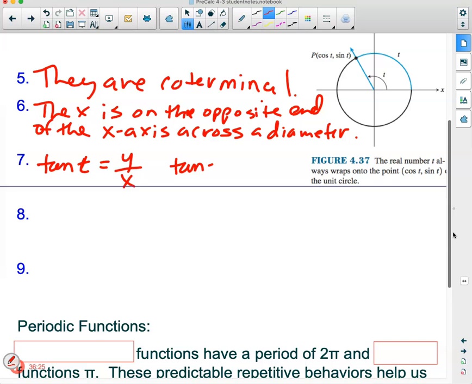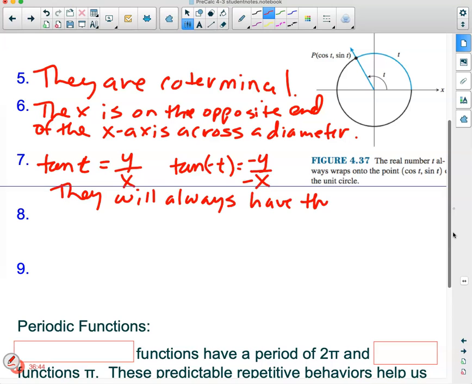Tangent of negative t would equal negative y over negative x. So they would always have exactly the same sign.